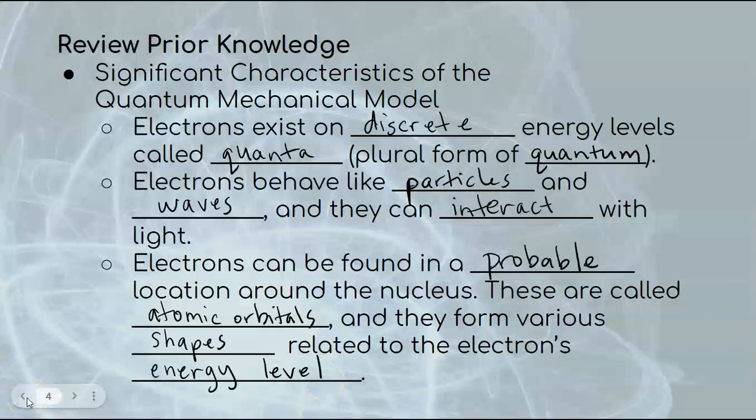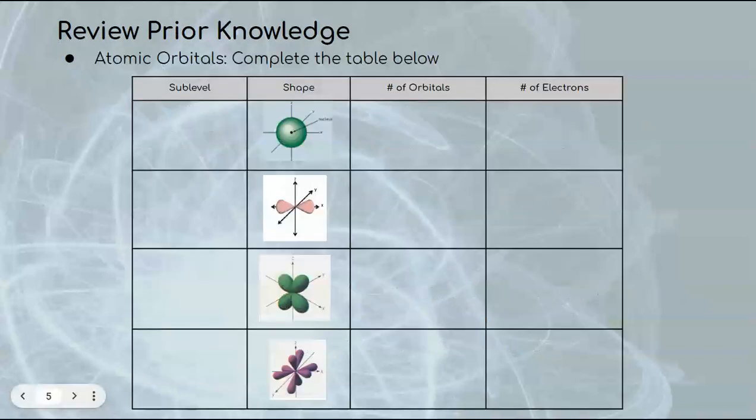Now that we have reviewed the significant characteristics of the quantum mechanical model, let's review atomic orbitals before we really jump in to electron configurations. Here you can see a table that lists out the different information for atomic orbitals. We have the sublevel, the shape, the number of orbitals, and the number of electrons.